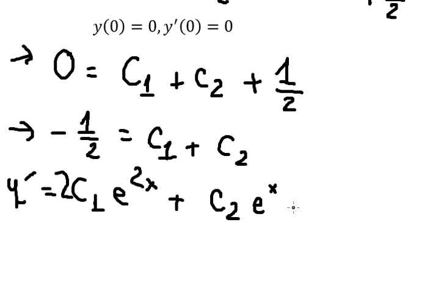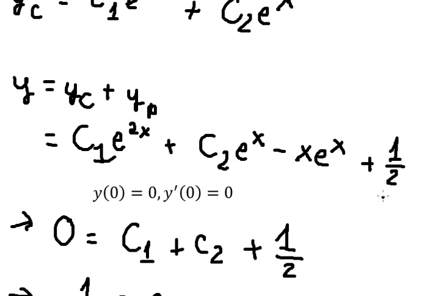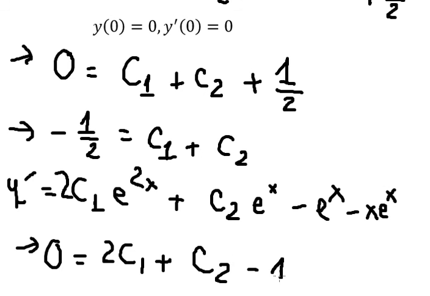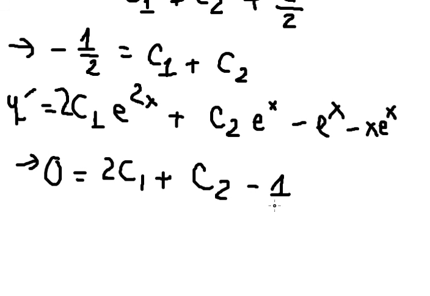This one is a constant, so you get 0. And now I will put this one in here, and I will put negative 1 to the left.